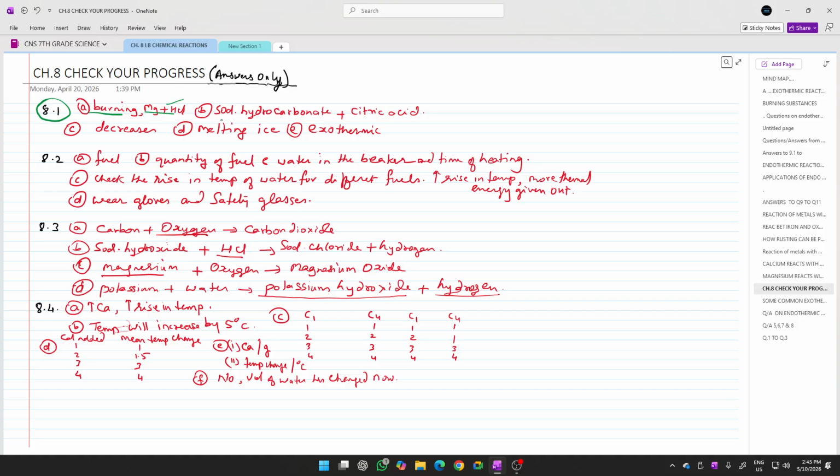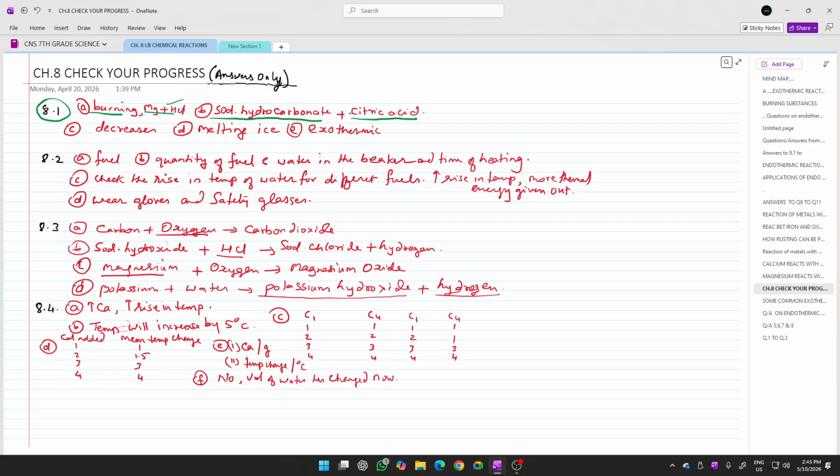And statement B is an example of an endothermic reaction. For endothermic reaction, among the phrases, you can write sodium hydrogen carbonate added to citric acid, because this is an endothermic reaction.